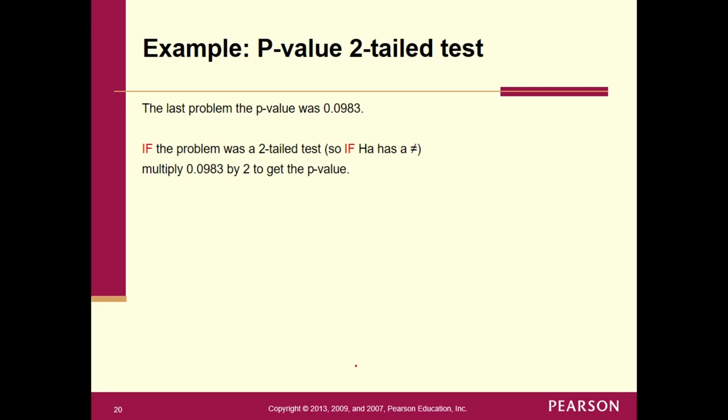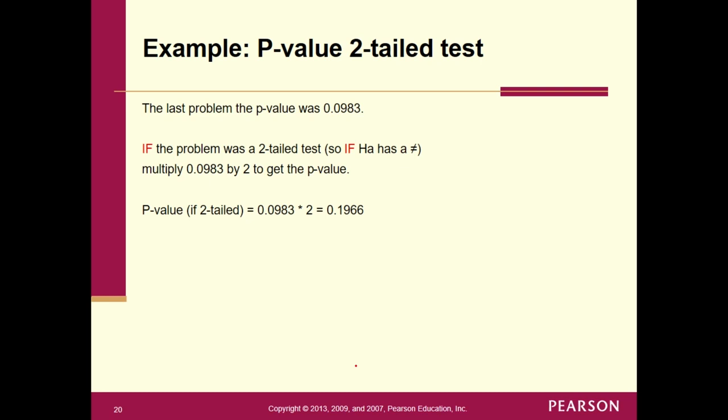So if that problem was a two-tailed test, we would have had to take 0.0983 multiplied by 2 to get 0.1966 for our p-value. So that's what you got to do if you had a two-tailed test. Figure out the one tail, multiply by 2.